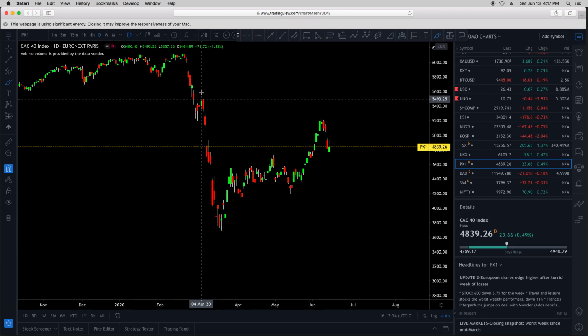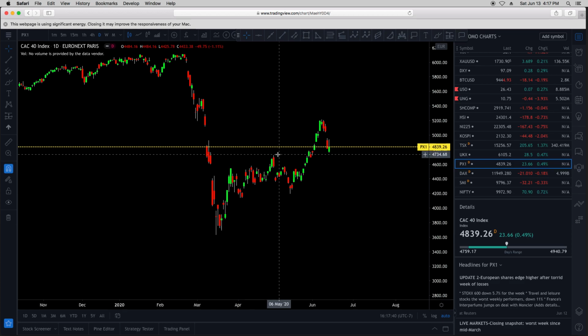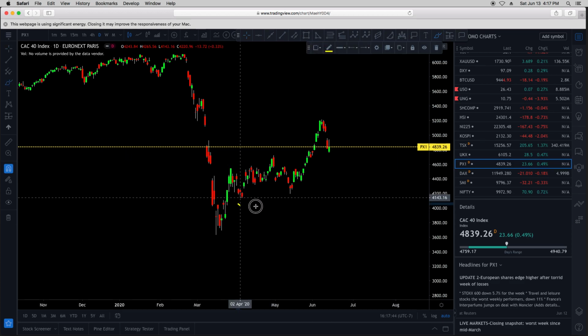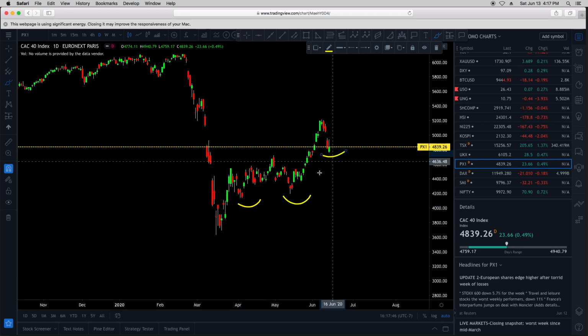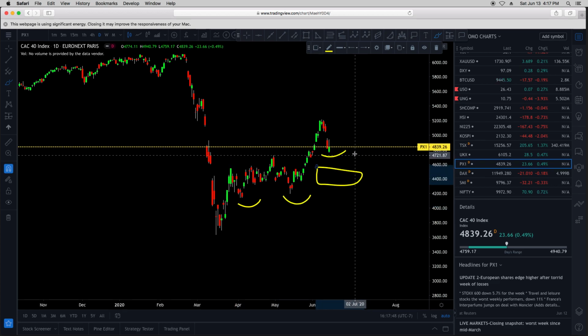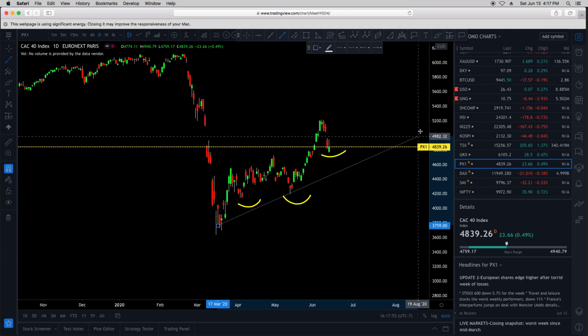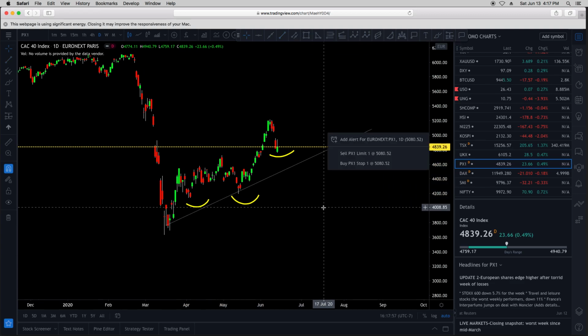Okay, moving faster. CAC, France. Okay, the trend, higher high, higher low, higher high, higher low, higher high, making a higher low. But again, look at the range. All of this could be higher low territory in the box. But France, right there.